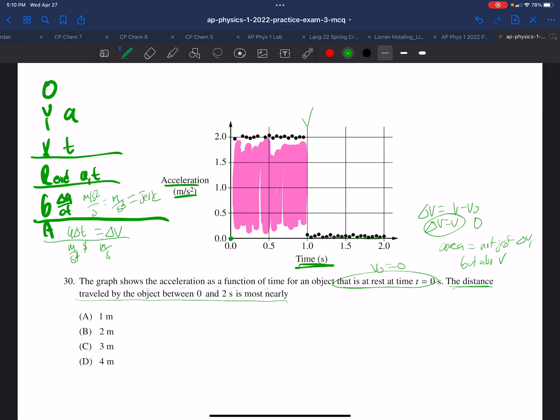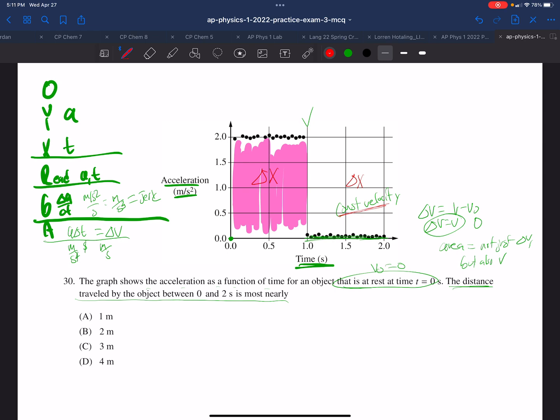And then we can see the acceleration is 0. So this is constant velocity. So what we have is a change in position during this acceleration phase, and a change in position during this constant velocity phase. But to find that out, we need to know the velocity at the end.